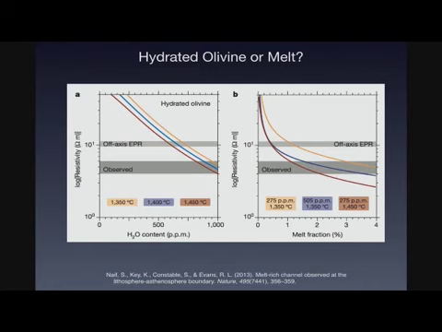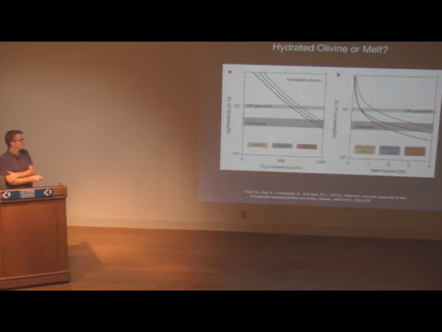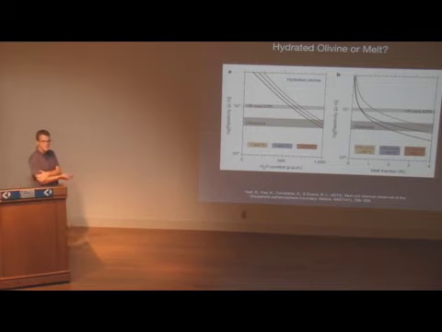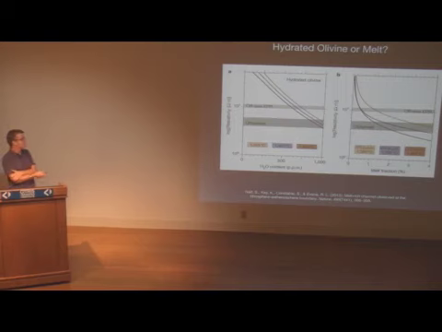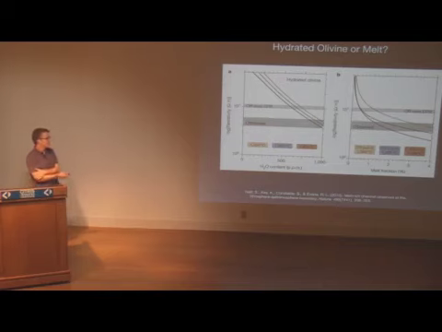We're not precisely certain just how hot the mantle is here, and so we wanted to look at temperature effects as well. And you can see that, regardless of the temperature, we need really high water concentrations in order to explain these conductivities. And if you remember from Christie's talk, where she showed the hydrated peridotite solidi, these amounts of water would trigger melting at these temperatures. So basically, yes, you could have hydrated olivine here, but in order to explain our conductivity, there's so much water that you'd have to trigger melting.